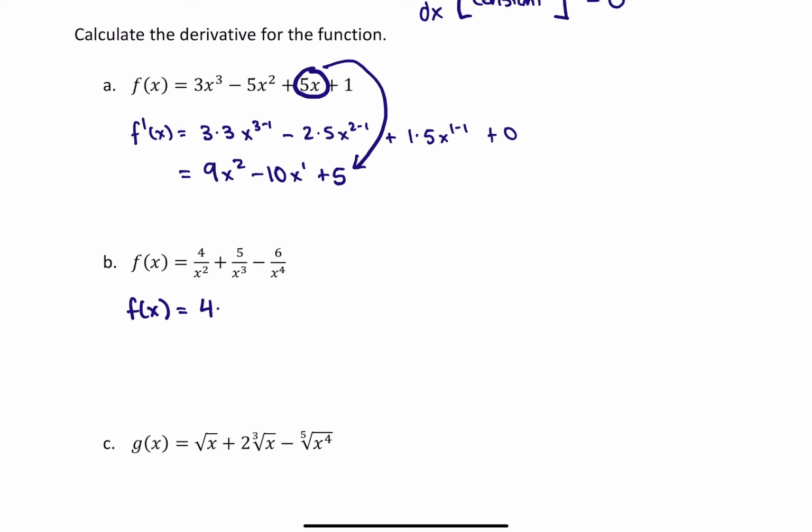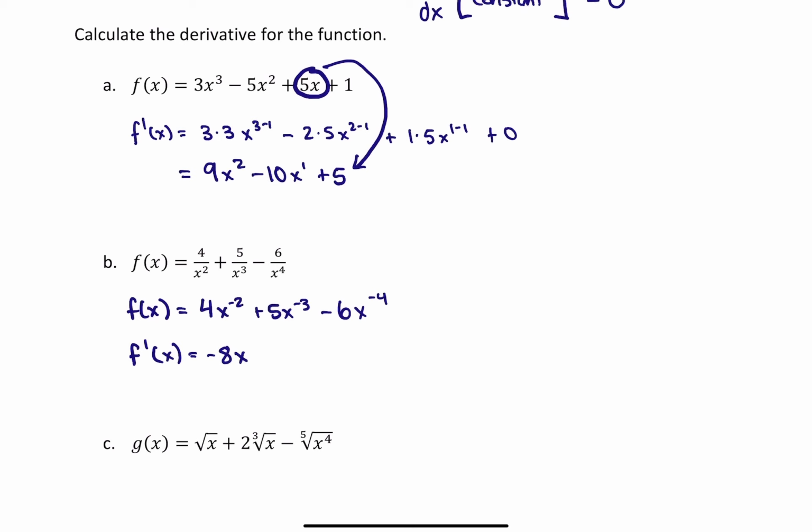That's going to be 4 times x to the negative second power plus 5 times x to the negative third power minus 6 times x to the negative fourth power. So this is still f of x, not the derivative. When we do calculate our derivative, we're going to multiply negative 2 times 4, we get negative 8.